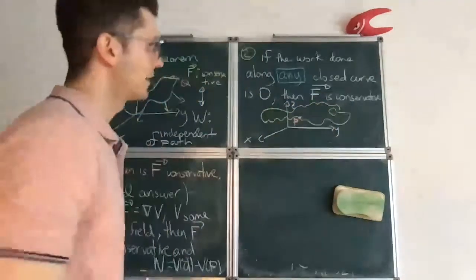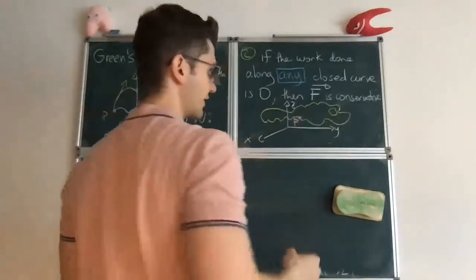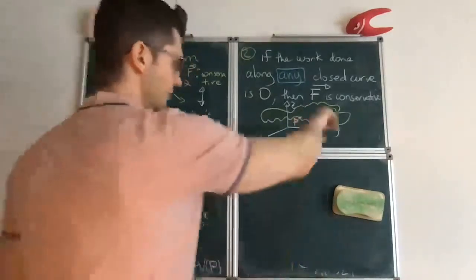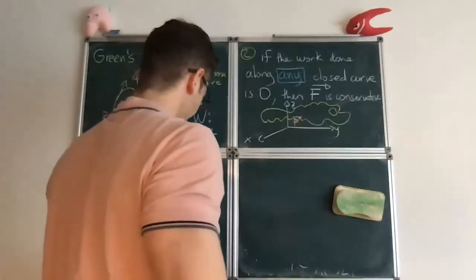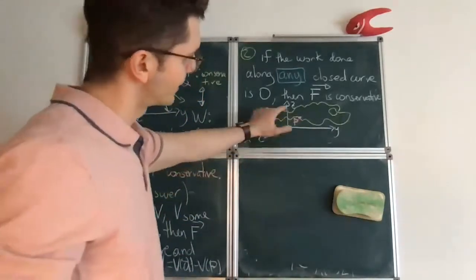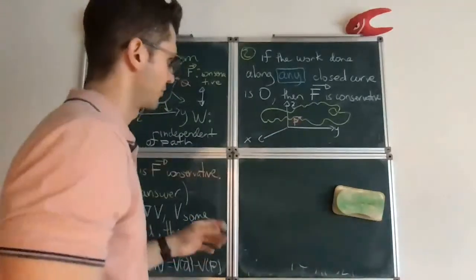But in the end, here it's sort of knotted in a way. It can be like a complicated curve. But the point is that the initial and final endpoints are the same. So P is equal to Q. That's what I'm trying to say.